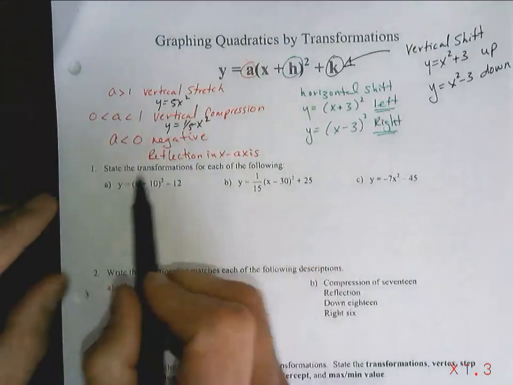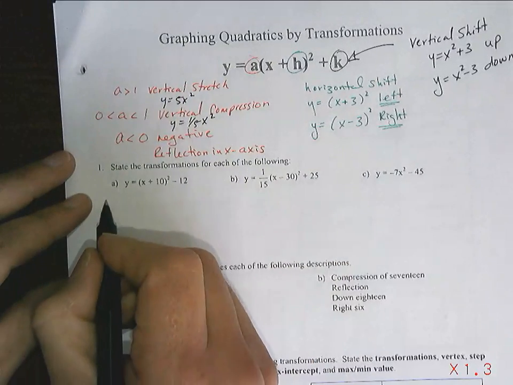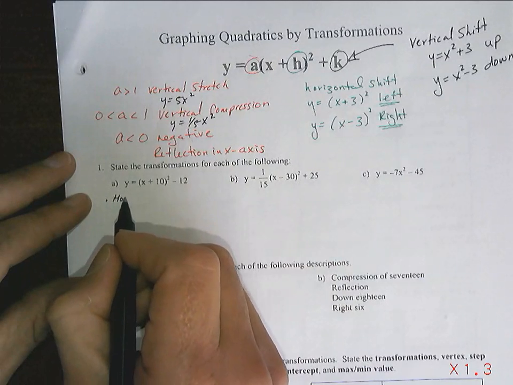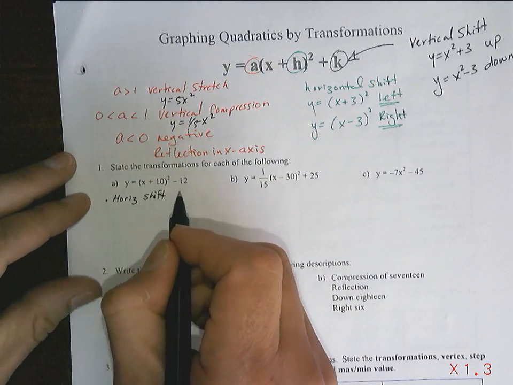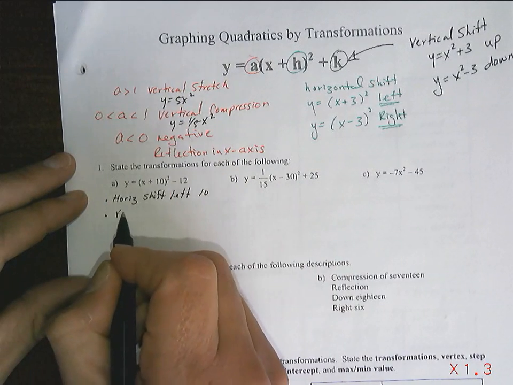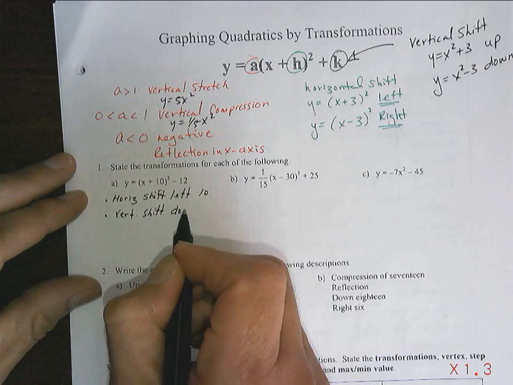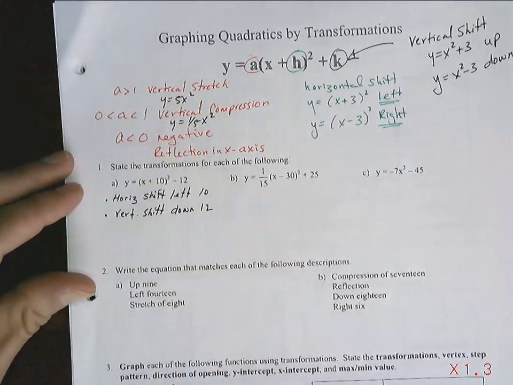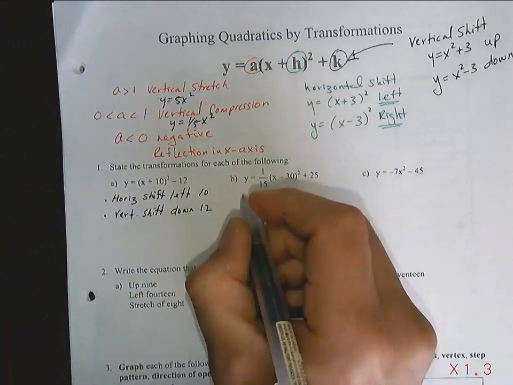Okay, so state the transformations for each of the following. So there's two transformations here. I've got a horizontal shift, left 10, and I've got a vertical shift down 12. Next one, I've got 1, 2, 3 different transformations.